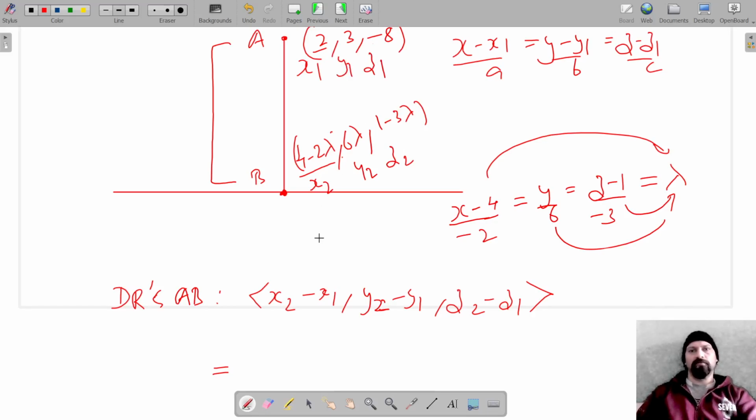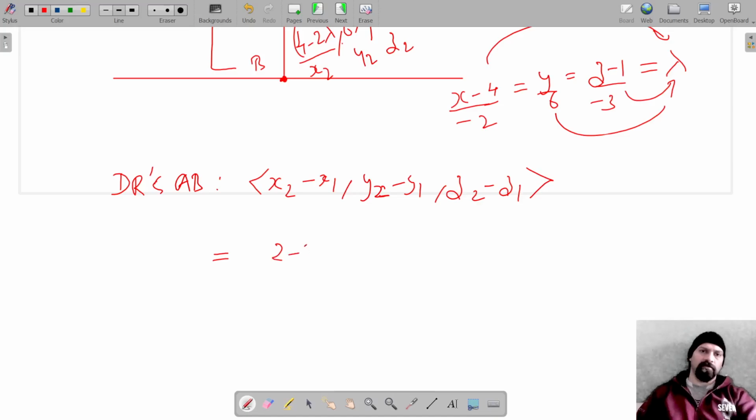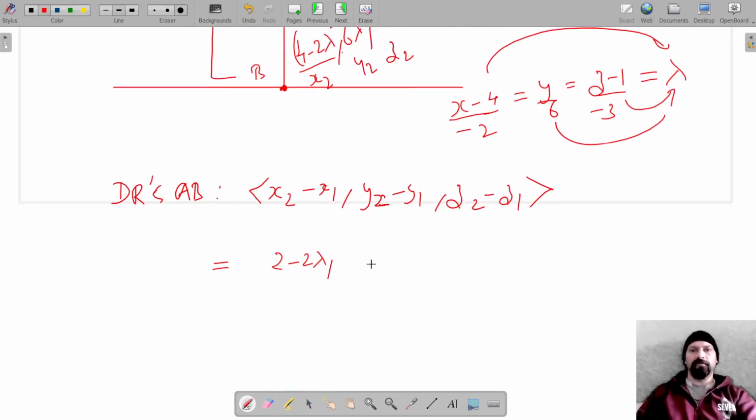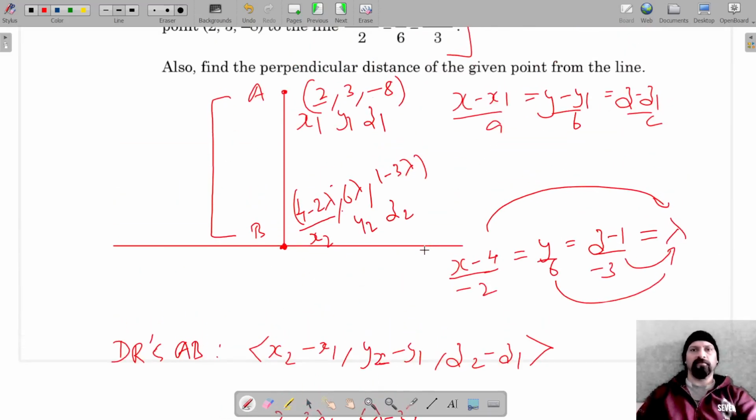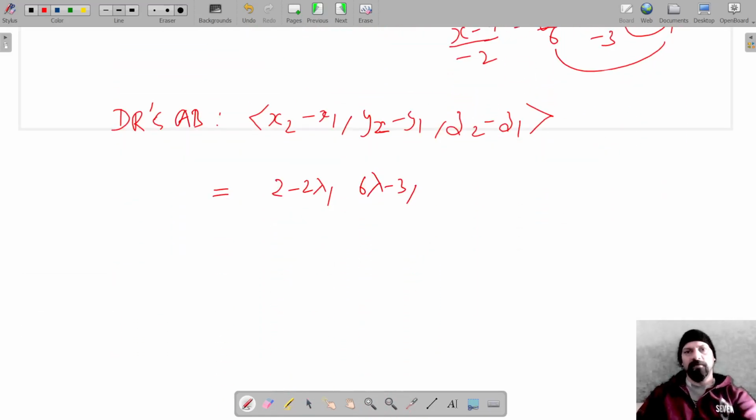So x2 minus x1 is 4 minus 2 lambda minus 2, which gives me 2 minus 2 lambda. Similarly, y2 minus y1 is 6 lambda minus 3. And z2 is 1 minus 3 lambda, minus of minus 8, so 1 minus 3 lambda plus 8, which is 9 minus 3 lambda. So these are the direction ratios of AB.